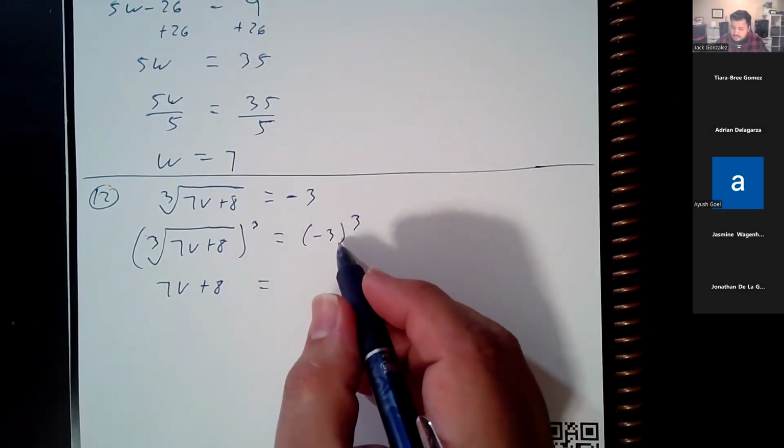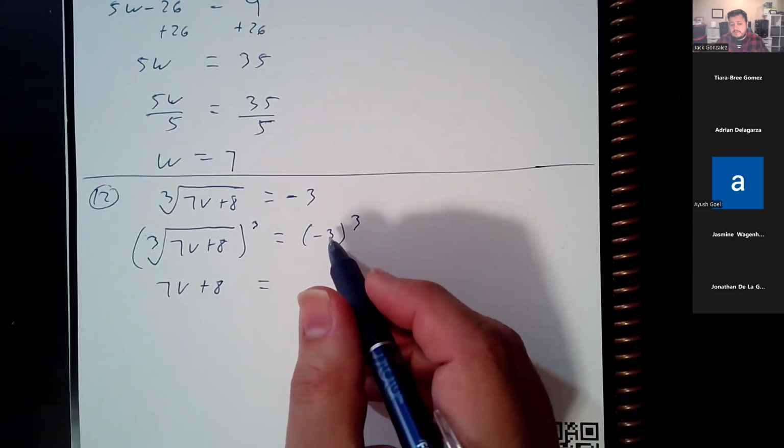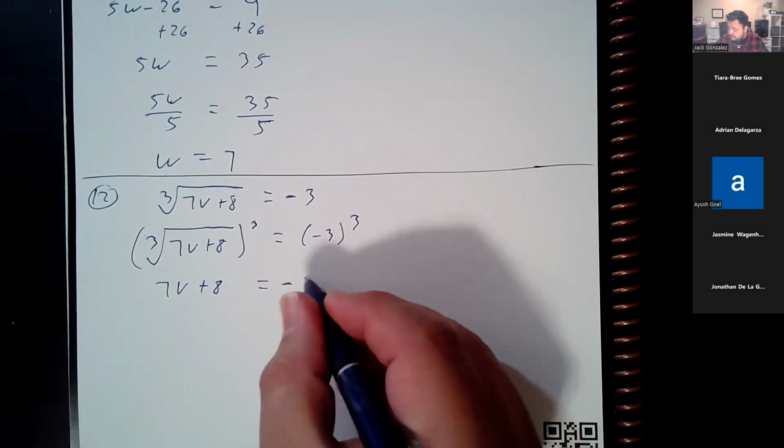-3 times -3 is 9. Positive 9. 9 times -3 is -27, right?